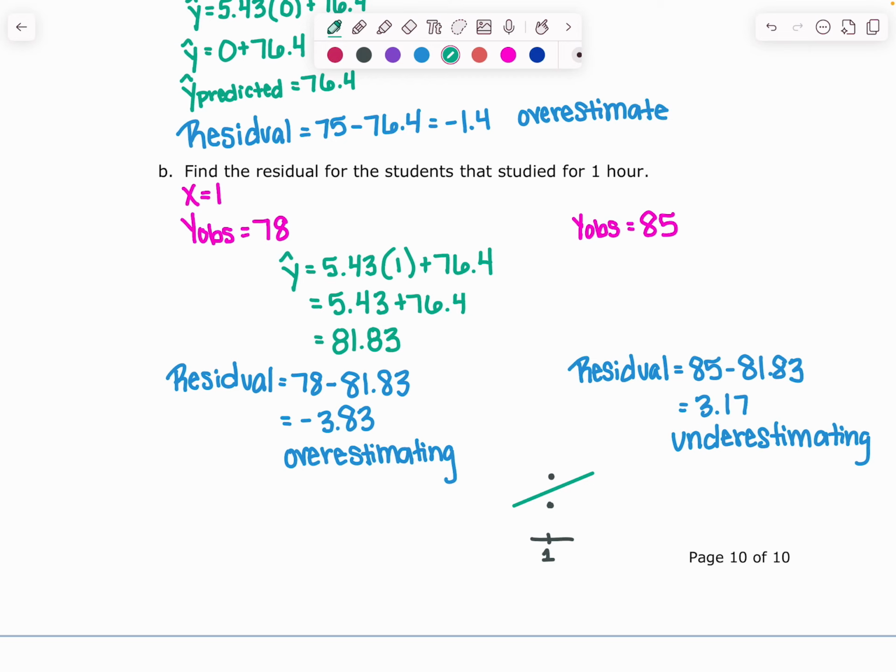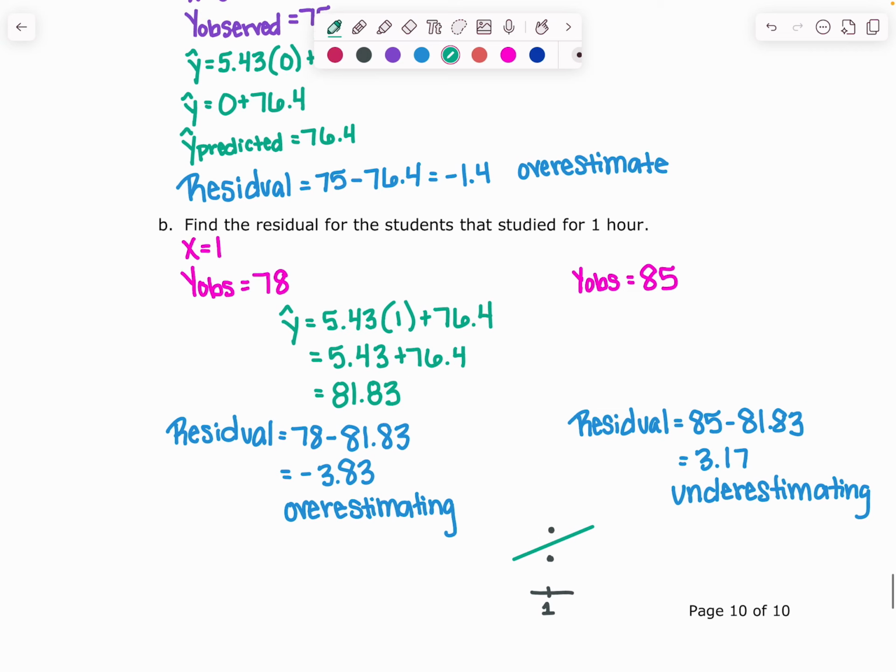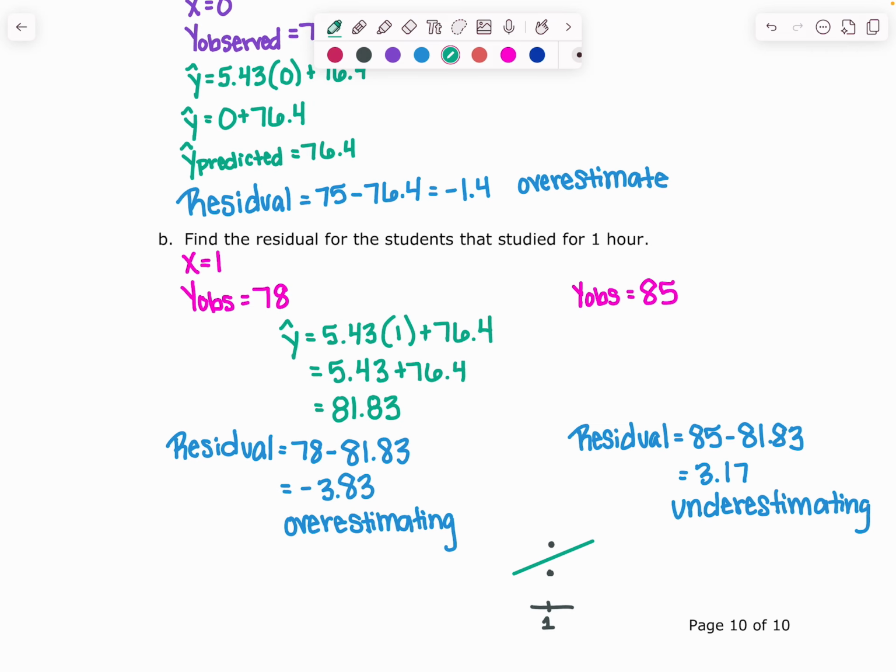So that's great. I don't want it to be getting closer to one or the other. It happens because of what all of the other dots are doing. But this tells me that for this x equals 1, it's doing exactly what I want it to be doing. It's going right in between them. It's almost perfectly in the middle. And this is great. And that is how you calculate residuals.